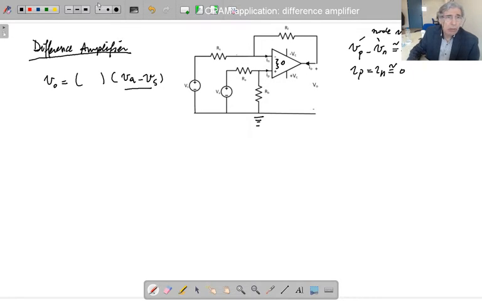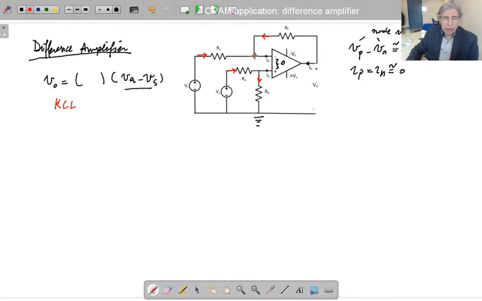So what we are going to do is write a Kirchhoff current law for this node. For a Kirchhoff current law for a node, we need to have the current reference for each element in order to write this. So I mark these current references for all these 4 resistors.